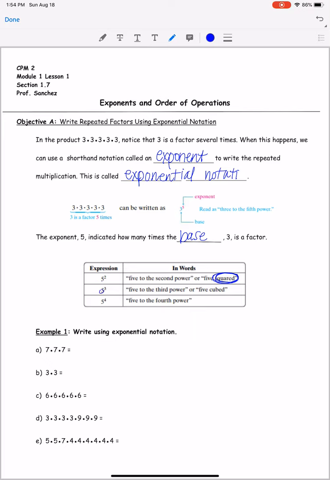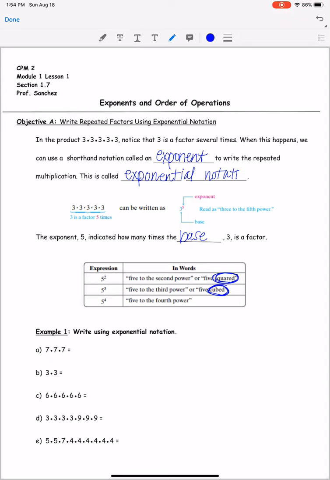When you have 5 as the base and 3 as the exponent, you can read this as 5 to the 3rd power, or you will often hear it referred to as 5 cubed. And then when you have 5 as the base, 4 as the exponent, you'll read this as 5 to the 4th power. So you can read these all as 2nd, 3rd, 4th.